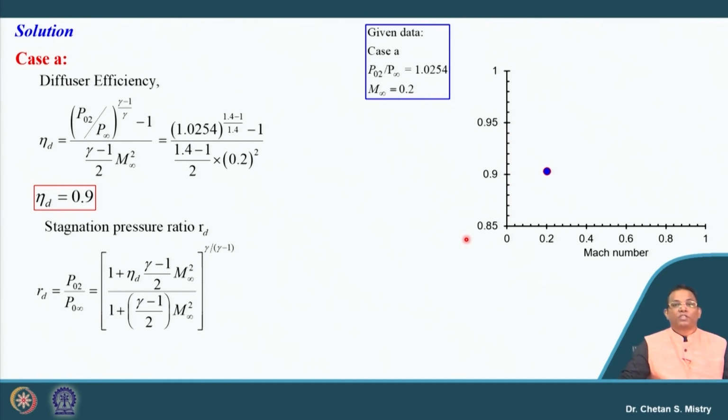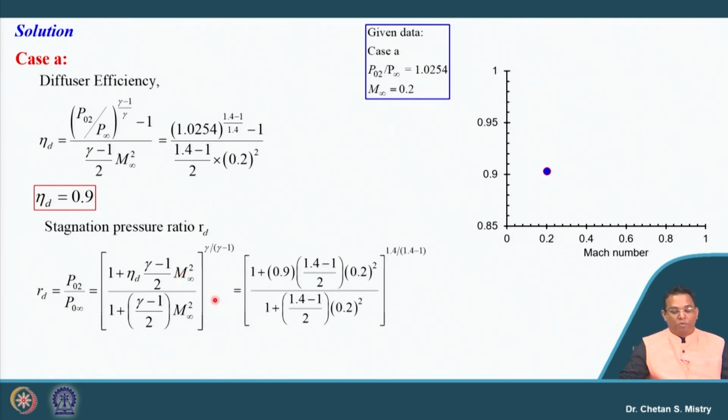We derived this relation in the last lecture, and it is a function of the diffuser efficiency and Mach number. If I put these numbers, a diffuser efficiency of 0.9 and Mach number of 0.2, my pressure recovery factor comes to 0.997.